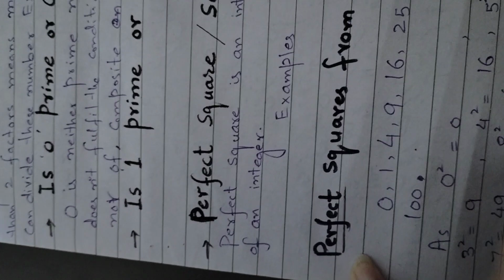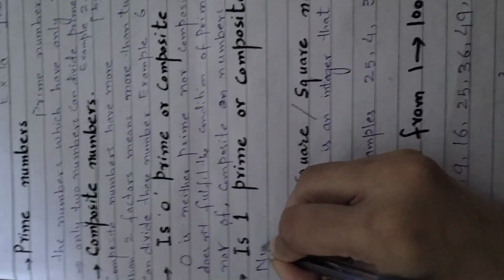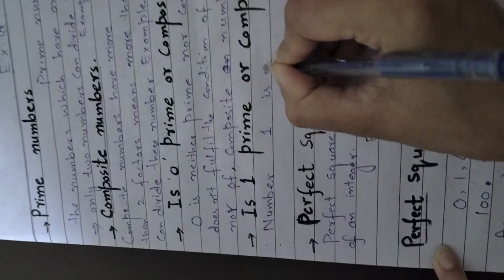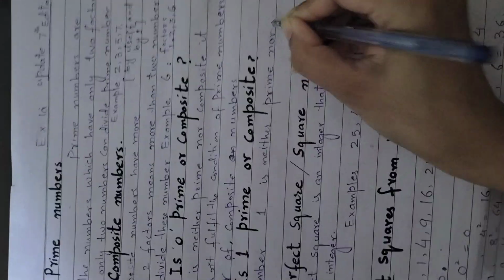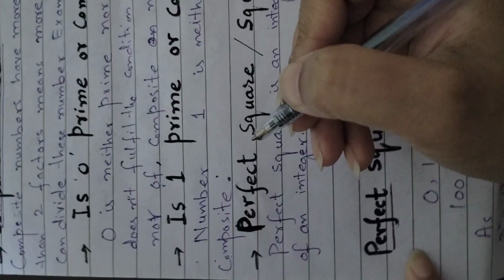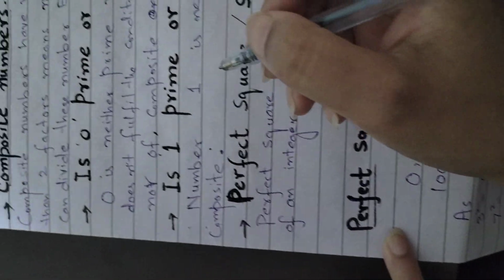Now, there is a question many times: is one a prime number or a composite number? Number 1 is neither prime nor composite because it does not fulfill the condition of prime numbers nor of composite numbers.